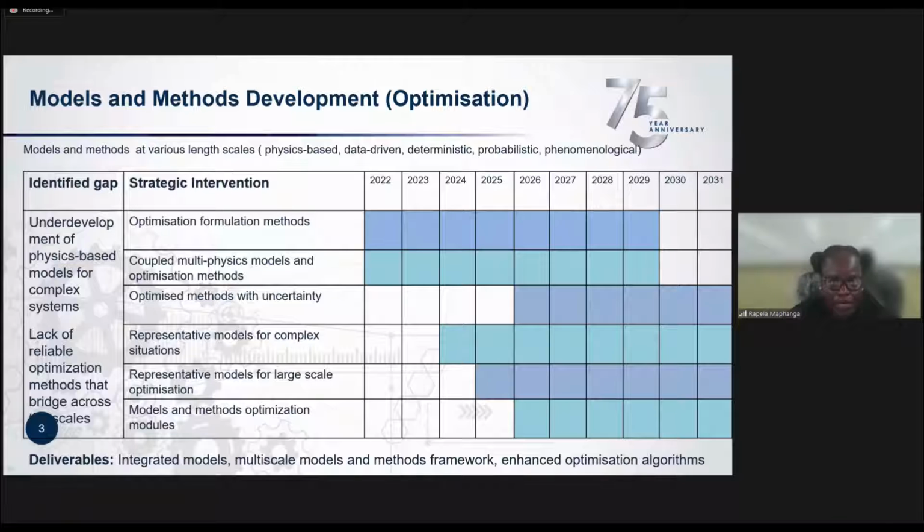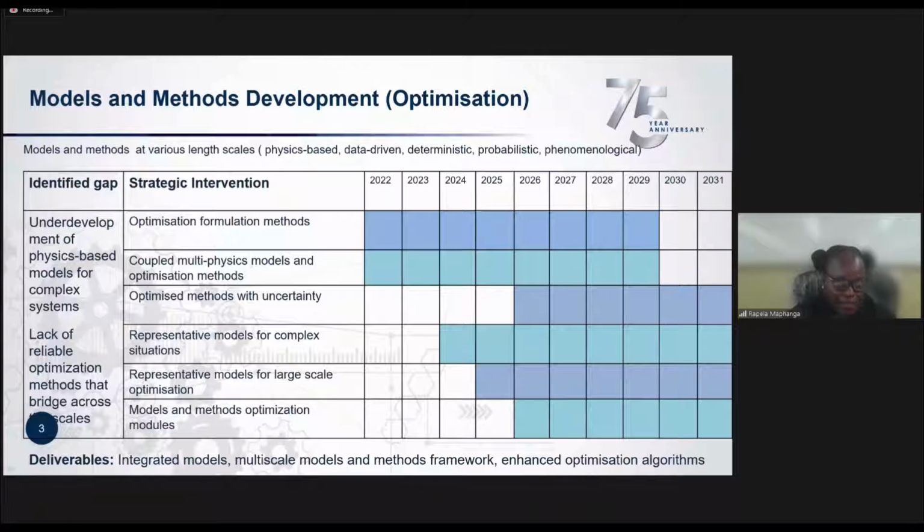However, when we come to complex systems or integrated systems, it is sometimes not possible to develop such models because of their complexity. And also when we are working on larger scales, it might be difficult to optimize some of the existing simulation methods. So hence we identify this as one of the programs that could be explored.